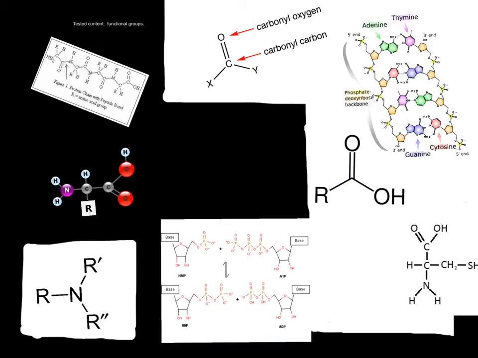So when you see this junction where these two lines come together, there's a carbon there. Hydrogens are never shown on these drawings unless they're connected to some other atom other than a carbon, or they're in the middle of a special group.